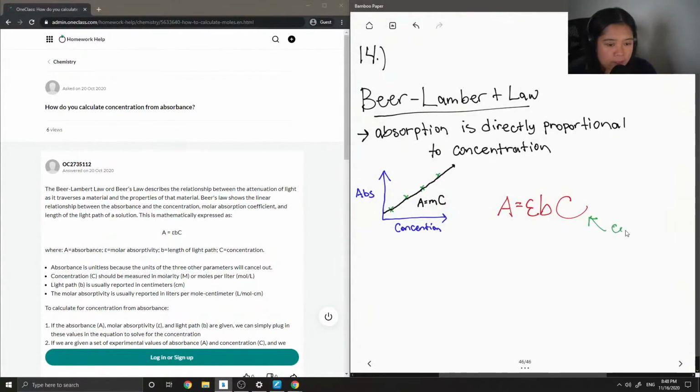So C, as you can guess, is concentration. And we mentioned A to be absorbance, which is unitless. E is something called molar absorptivity.